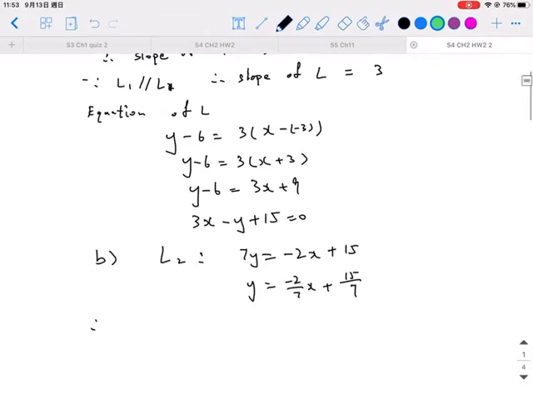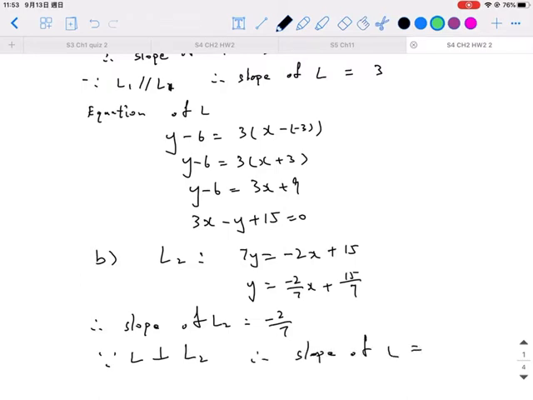So the slope of L2 is -2 over 7, and because L is perpendicular to L2, the slope of L will be the reverse of the numerator and denominator. That means 7 over 2, and add a negative on it, so that means positive, right?